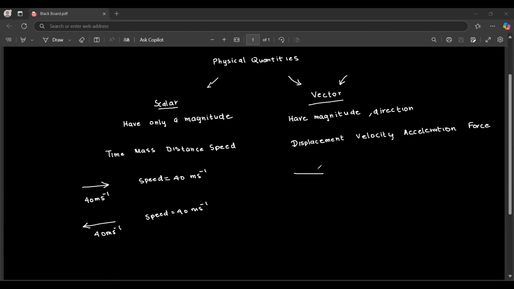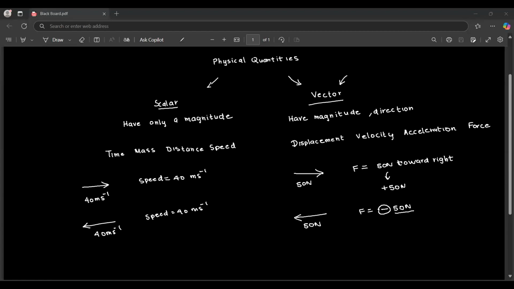Let's say someone is applying a 50 Newton force in the right direction, then the force is equal to 50 newtons towards the right. If this is mentioned as plus 50 Newton, and they apply the force in the opposite direction, then the force will be negative 50 Newton. This is the magnitude, and the minus sign represents the direction.